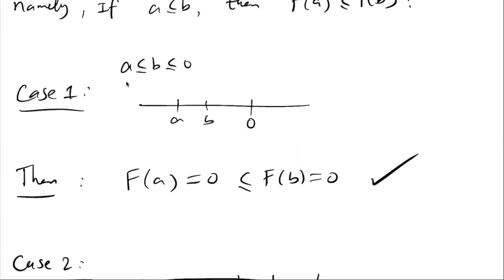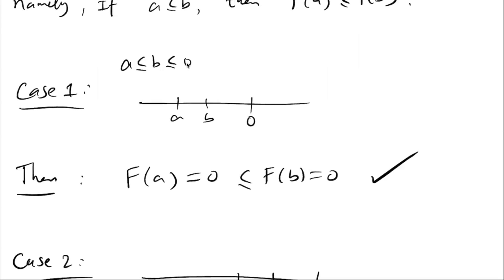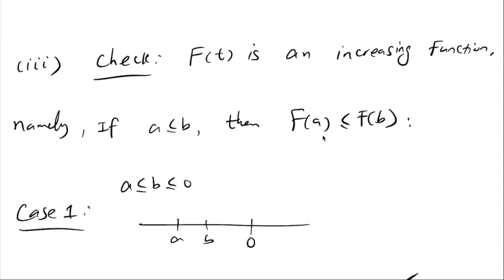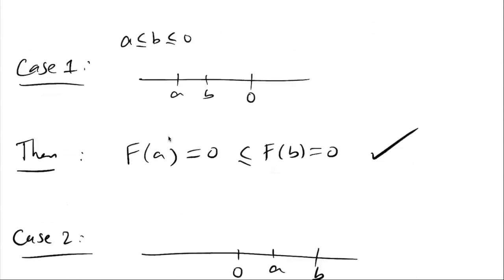So in case 1, a less than or equal to b less than or equal to 0, F of a and F of b are both 0. Therefore, F of a is less than or equal to F of b. Remember, our goal is to show that F of a is less than or equal to F of b with the assumption that a is less than or equal to b.